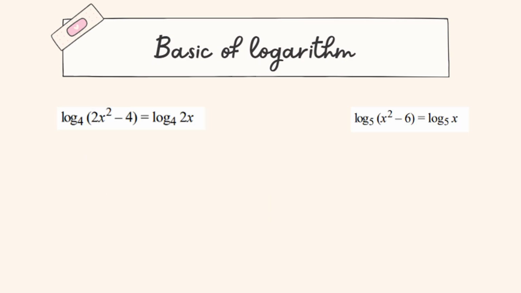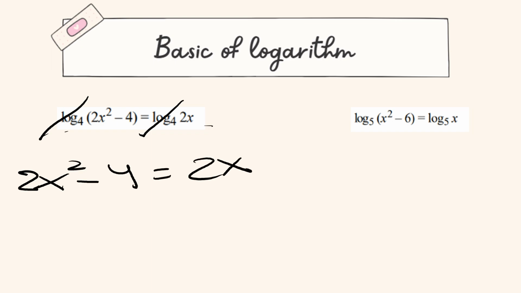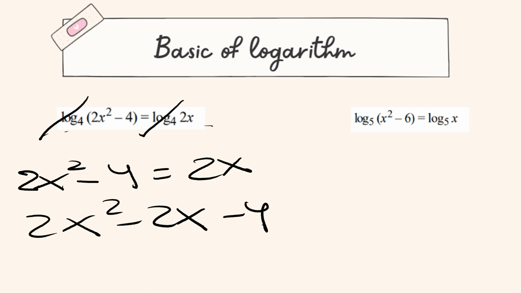So how to solve for x in this case? We would cancel log 4 and log 4 as they are equal on both sides, and we would be left with 2x^2 - 4 equal to x, minus 2x, which would give us this, and then x would give us 2 answers. Using the quadratic formula, you will get those 2 answers.